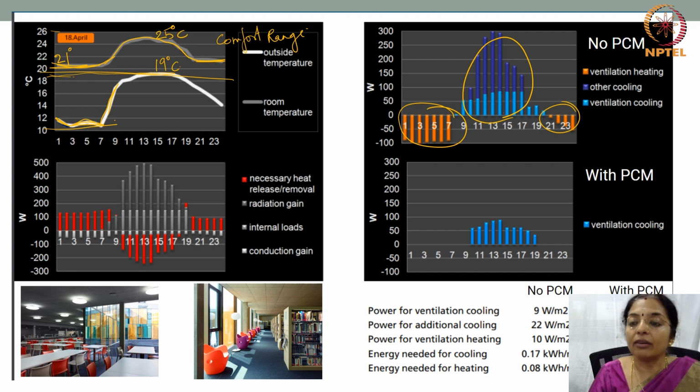But with PCM, the load on air conditioning is reduced dramatically. So this clearly shows the benefit of using phase change materials in this building.